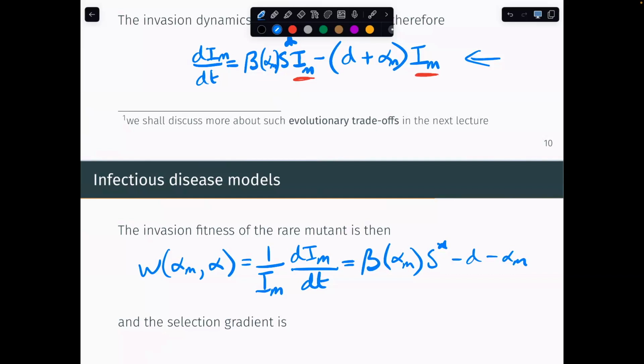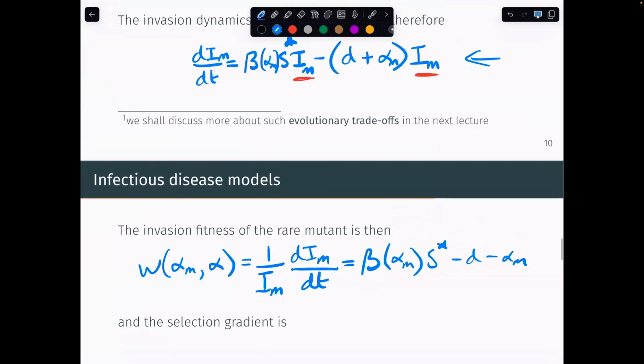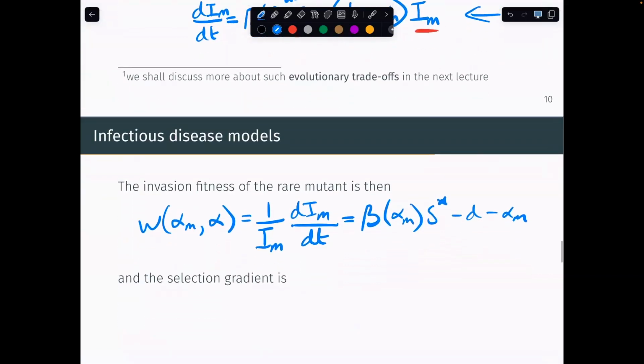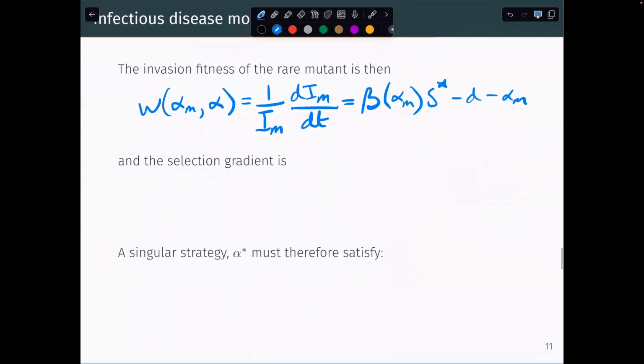Okay, we've done this process a number of times, particularly with our specific competition model. We find our ecological dynamics, we check their stability, which we kind of glossed over here because it's laborious. We're jumping straight to the evolutionary steps. We find our invasion fitness. The next thing we need to do is find our selection gradient. This is going to tell us the direction in which our traits are going to be evolving.